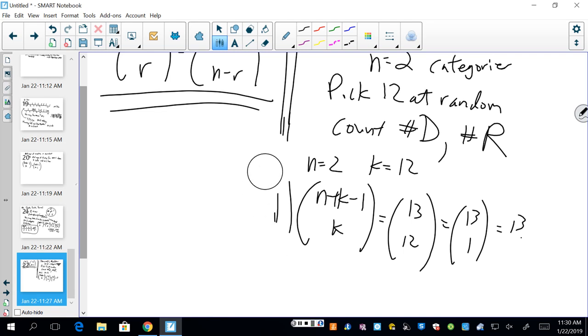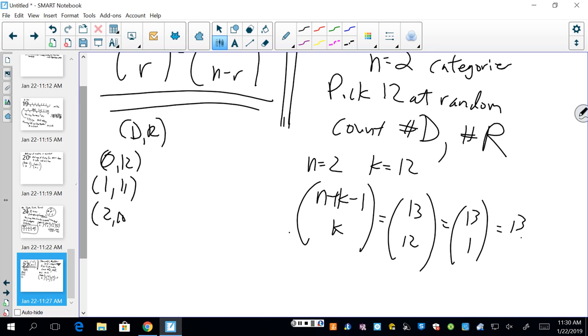So the possibilities for the number of Democrats and number of Republicans, like 0, 12, 1, 11, 2 and 10, etc., to the point that we have 10 Democrats, 2 Republicans, 11 and 1, or 12 and 0.